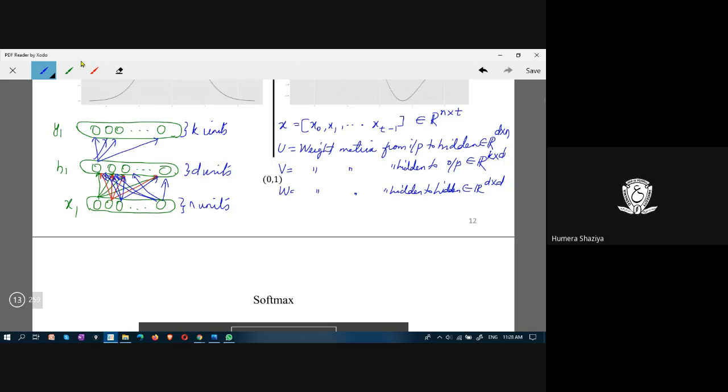All right. This is all about the recurrent neural network architecture and the weights and the sizes of each weight matrix.